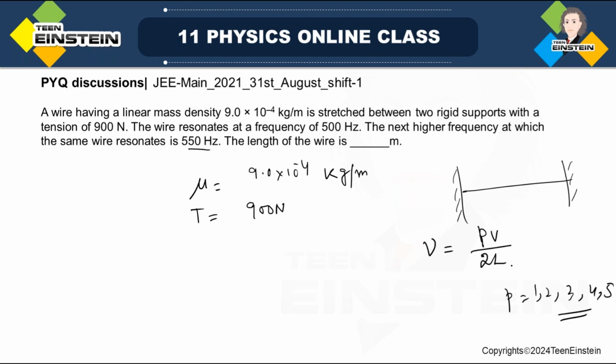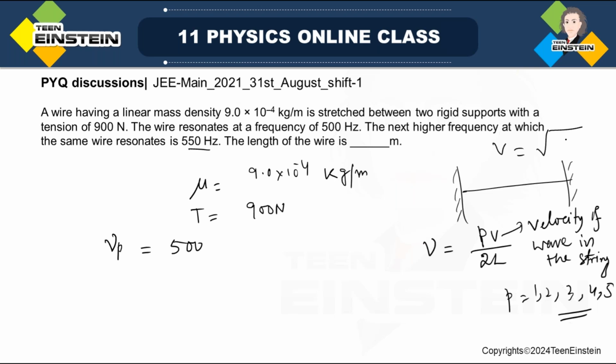All even and odd harmonics are created in a string fixed at both ends. Here V is the velocity of the stationary wave in the string, and that has a formula: V is equal to root over T by mu. This we can find out anyway.